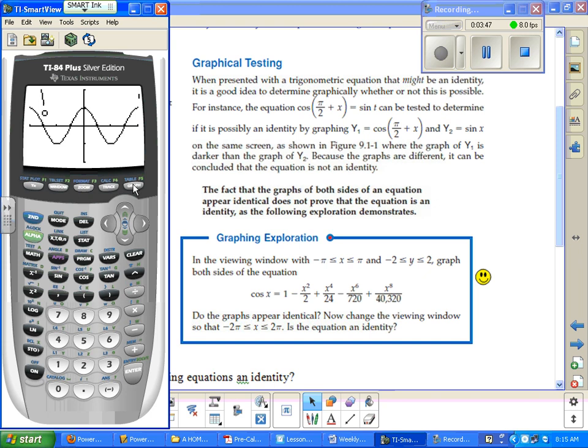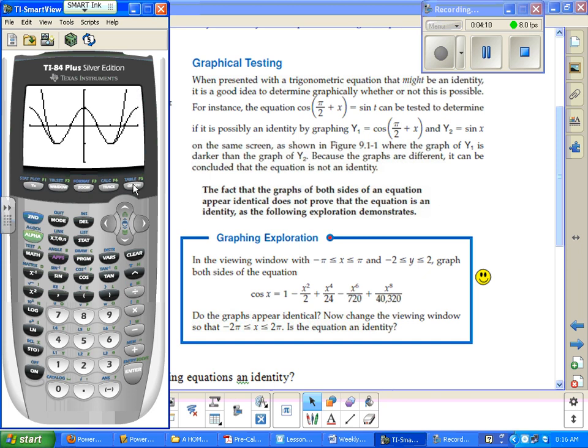So where our cosine function continues to show the wave, this other function... Now remember, what's the degree of this other function we have? The degree is 8.